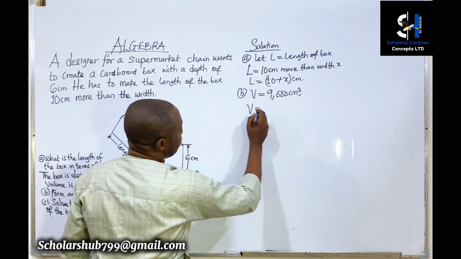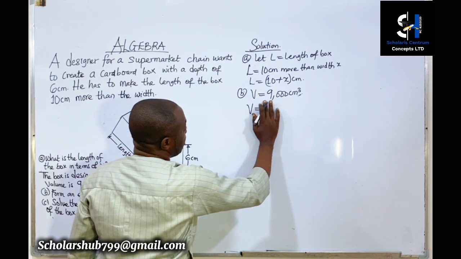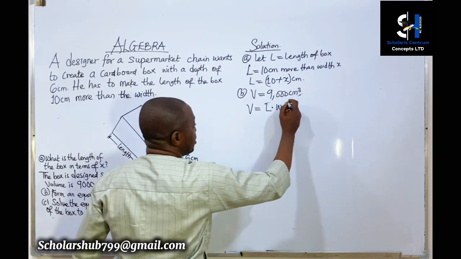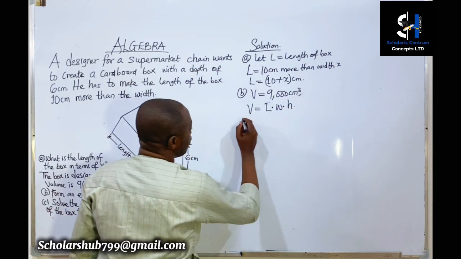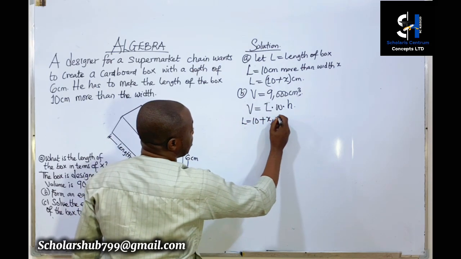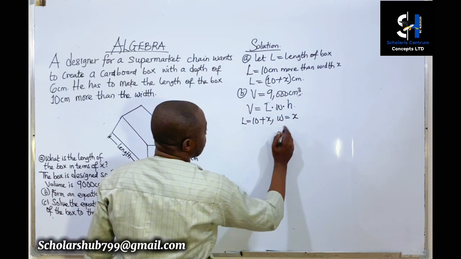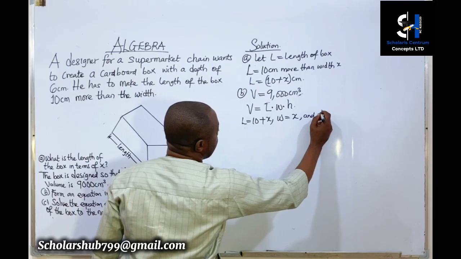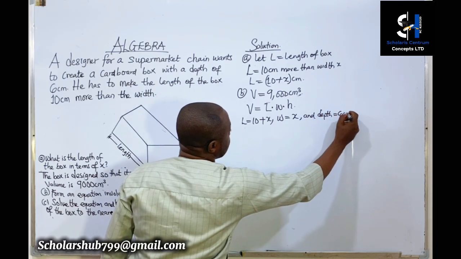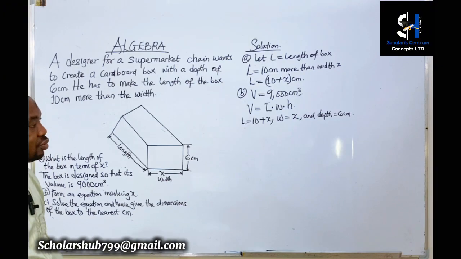So we have V equals length times width times depth, which is also the height. The length is 10 plus x, the width is x, and the depth is 6 centimeters, according to the question.